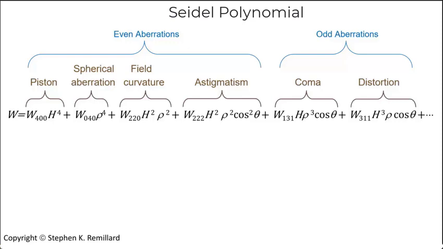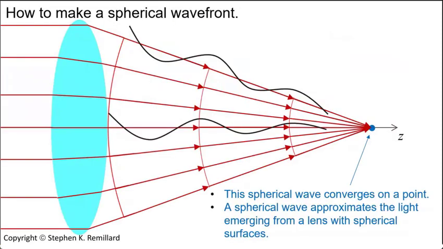Each term in this expansion was given its name due to the qualitative feel of its effect on the image. And because each term is a separate coefficient, it's possible for one or even more of them to show up strongly in a lens, while others are barely noticeable. Because the converging wavefront is spherical, it converges to a point.